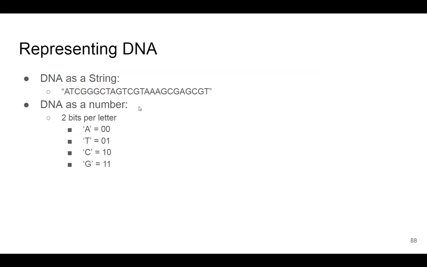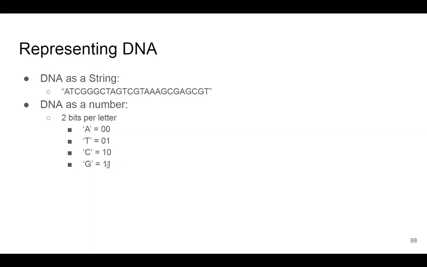If you think of DNA as a number, it's basically a 4-letter alphabet. So instead of using 8 or 16 bits per character, you can use 2 bits per letter, right? In this case, what I've chosen is adenine is 0, T is 1, C is 1 0, excuse me, and G is 1 1.